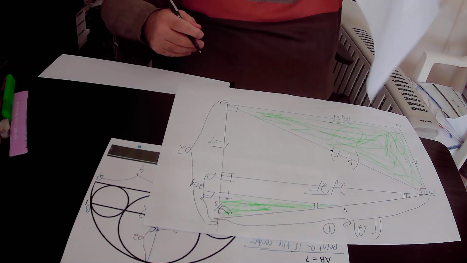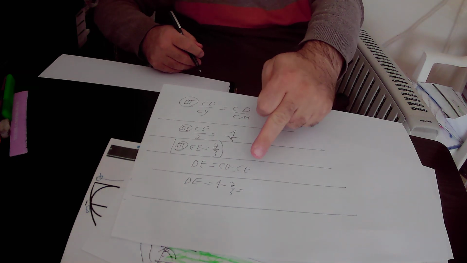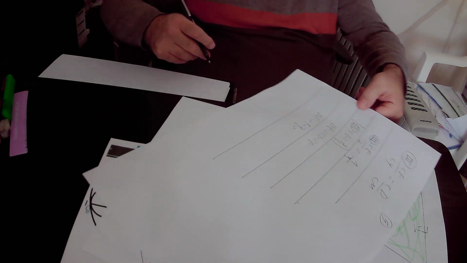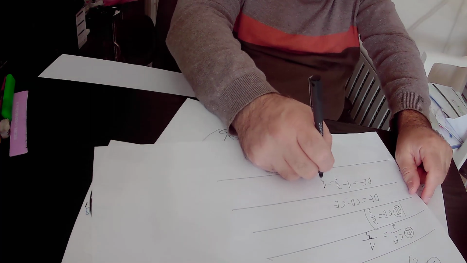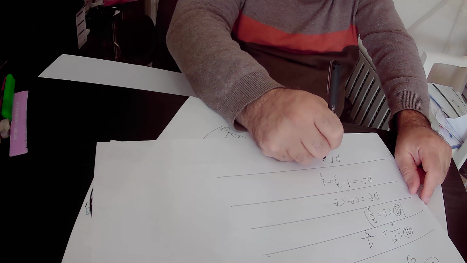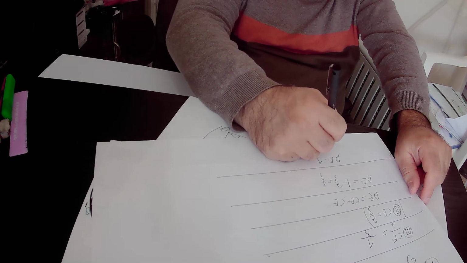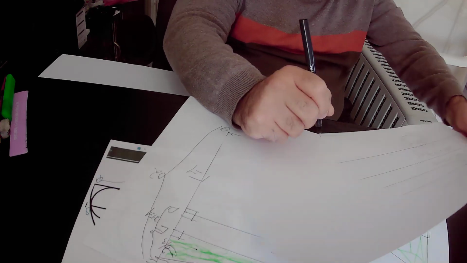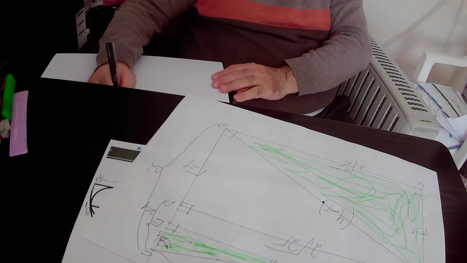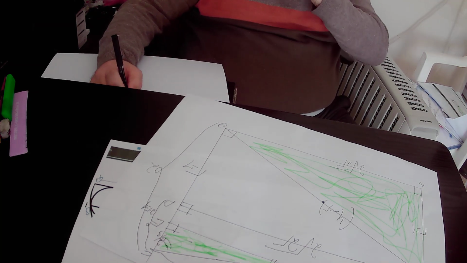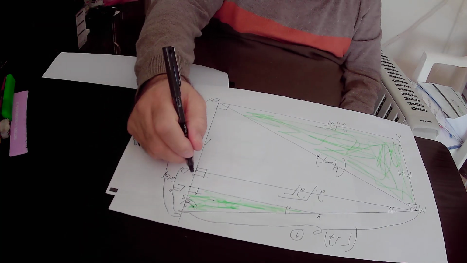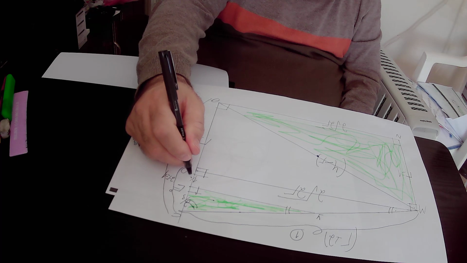So DE equals 1 minus 2/3. 1 minus 2/3 is 1/3. So we found out that DE equals 1 over 3.